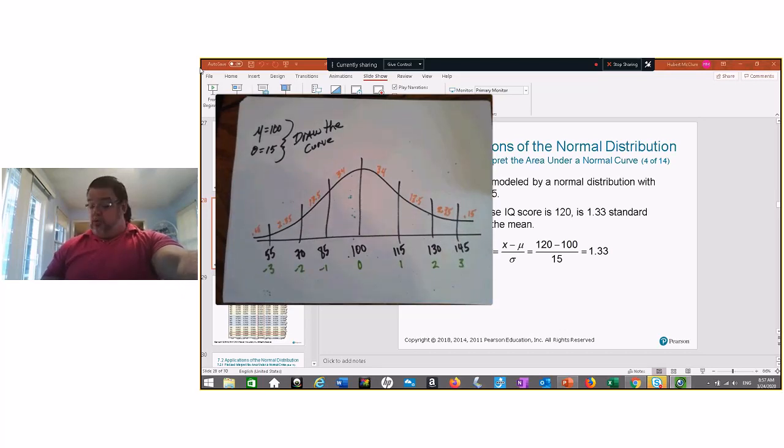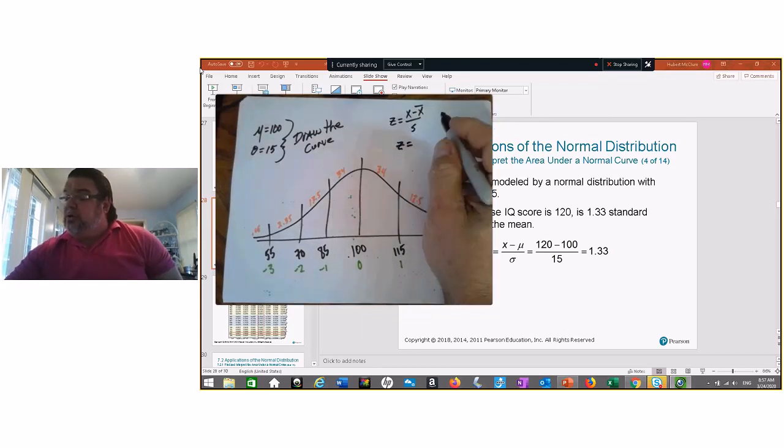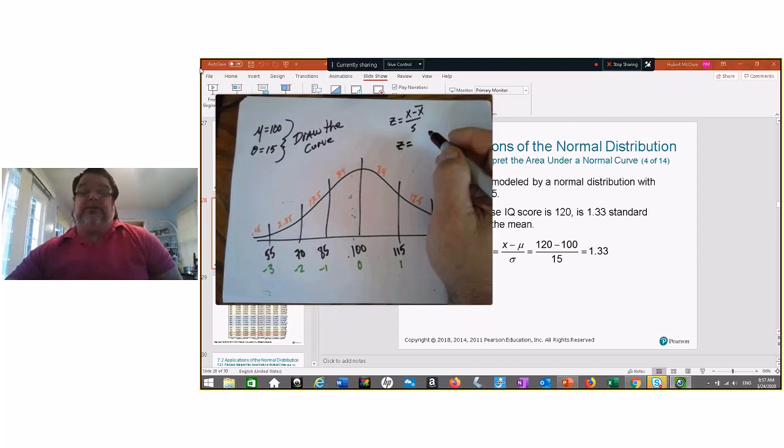Now, we're going to calculate the z-score, which is equal to x minus x bar over standard deviation. So that's going to equal, and I think they say 120. So 120 minus 100 over, I'm sorry, standard deviation is what? 15.